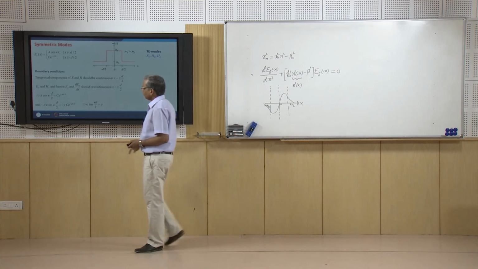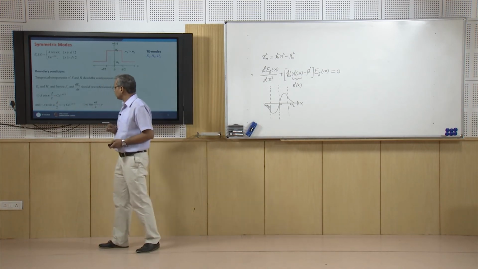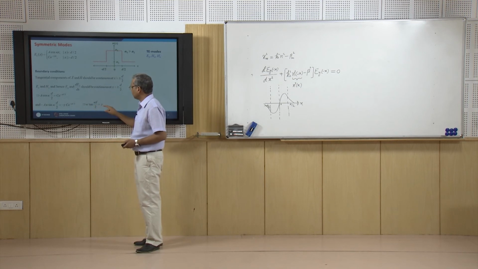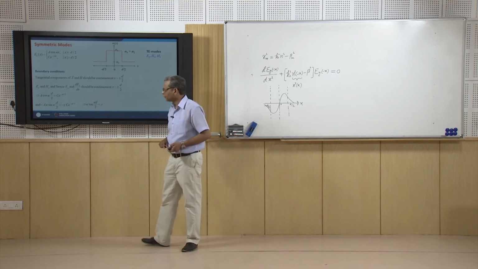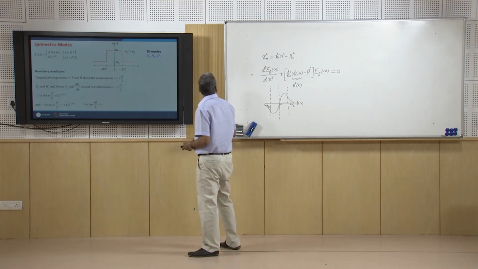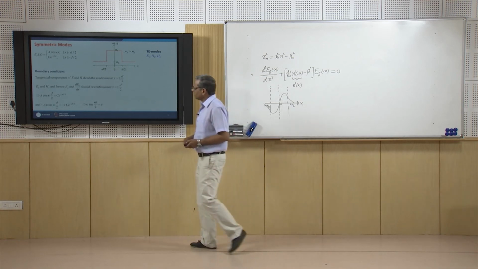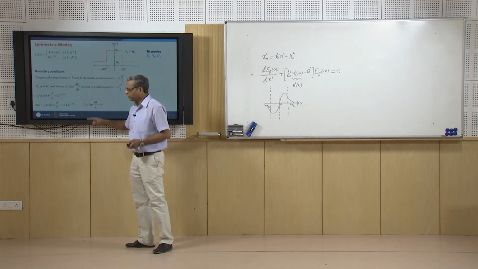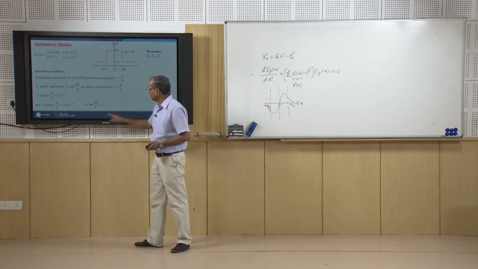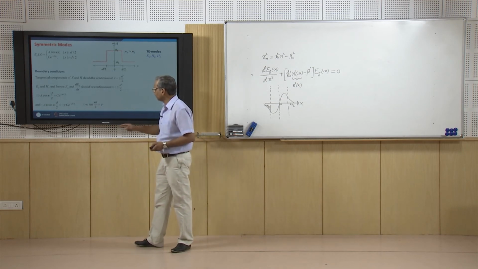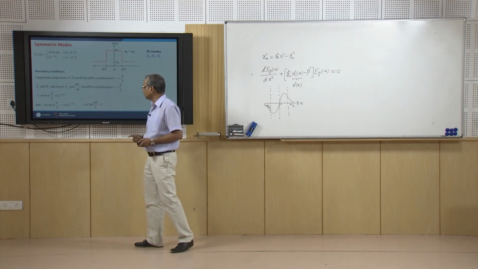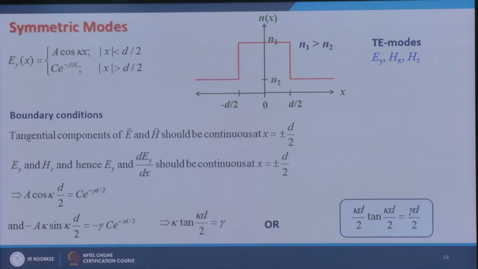If I divide this by this, I get kappa tan(kappa d by 2) is equal to gamma, and remember that these kappa have dimensions of 1 over meter. So, I can make them dimensionless. I can multiply both sides by d by 2 and get kappa d by 2 tan(kappa d by 2) is equal to gamma d by 2.